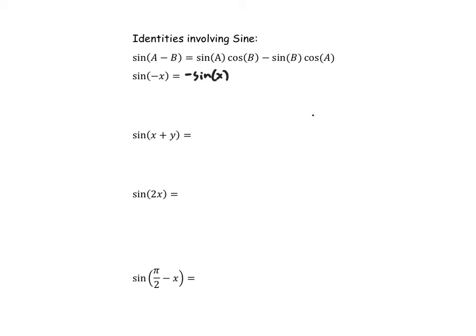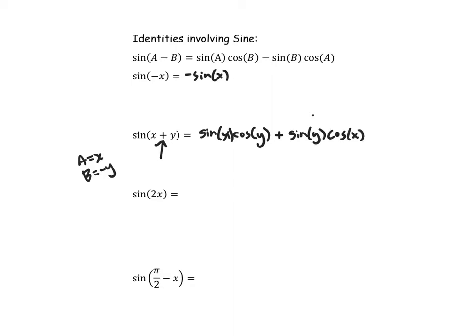So if we were to use the process of saying a equals x and b equals negative y, what I would end up getting is the same thing, sine of x cosine of y. Now, because this is plus, I would get also a positive sign in between. So that'd be sine of y cosine of x.